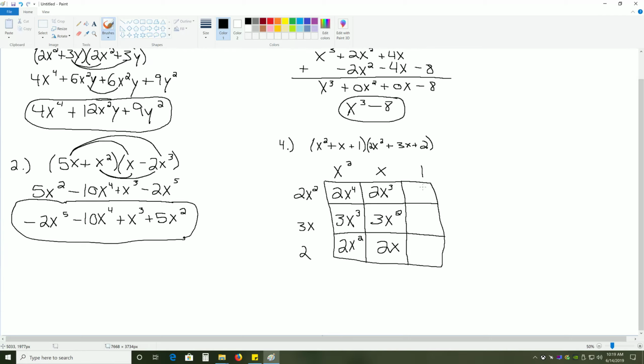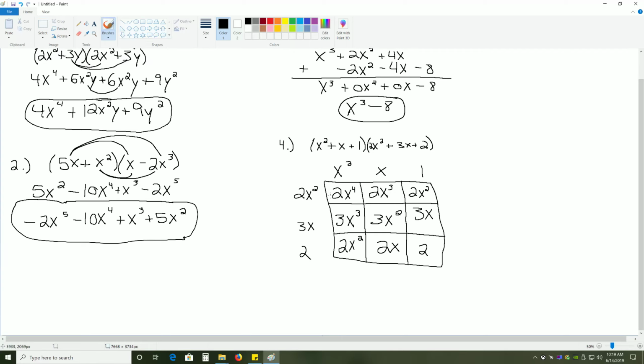And then finally, in this entire column, every term is being multiplied by 1, so we're just going to keep exactly what we have, meaning we're going to have 2x squared, 3x, and 2. And now we just want to go through this entire list, adding our like terms together.